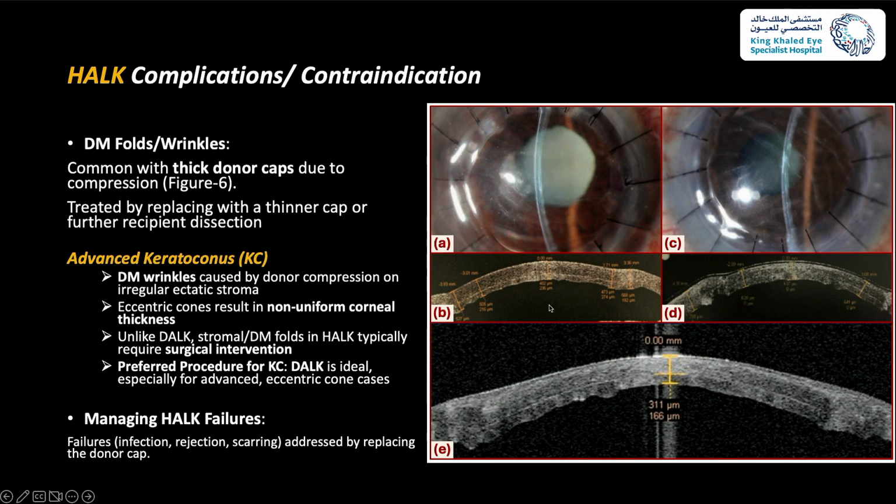This is a keratoconic patient who had folds. I'm curious about this white lens. This must have been an intumescent cataract. What I'm saying is that when the patient had the surgery, I guess the lens wasn't that white, and then when they saw the patient post-op, they noticed extreme folds in the residual stroma. They removed the HALK and did DALK for the patient. I think they did cataract surgery as well.